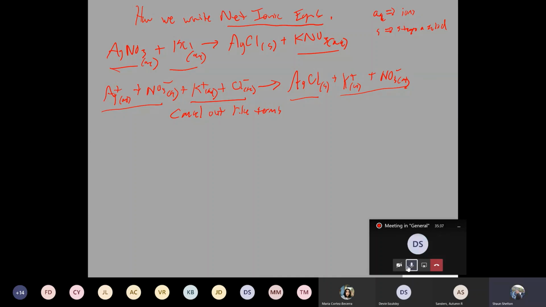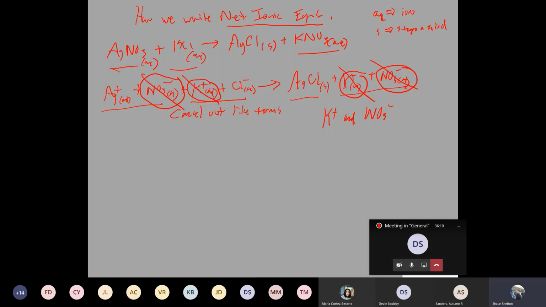No, just look at it. Oh, NO3. Okay, all right. And potassium. All right. So if everybody pays attention to that, you see that the potassium and the NO3 are the same on both sides. So what we do with those is we cancel them out.